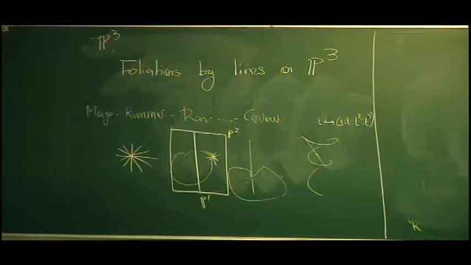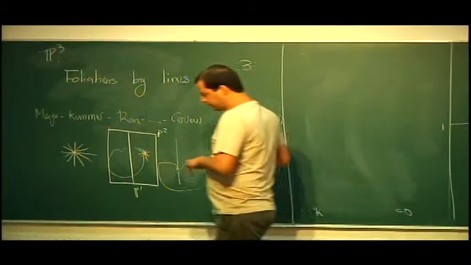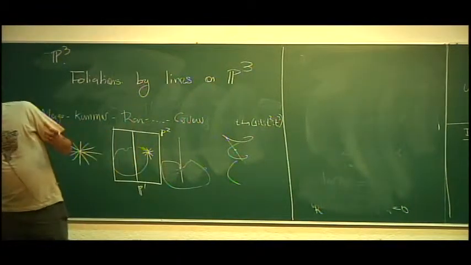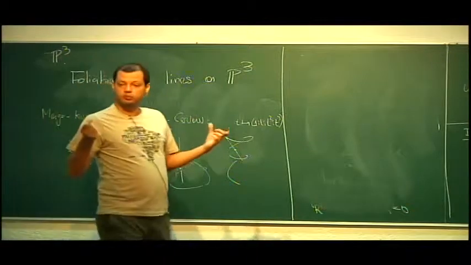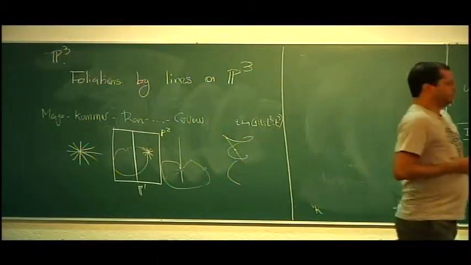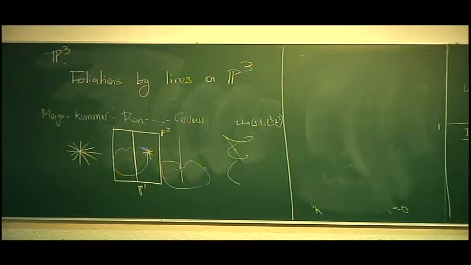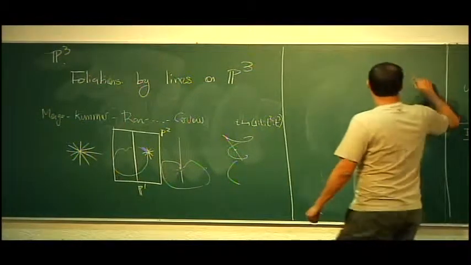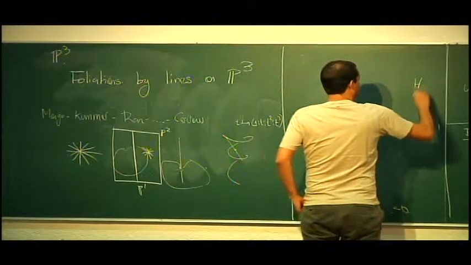You just have to realize that now, if I take a point in the image, since the map is non-dominant, it's not a regular point. Which means that over this, and okay, that's not the point, but let's take a point H in the image.